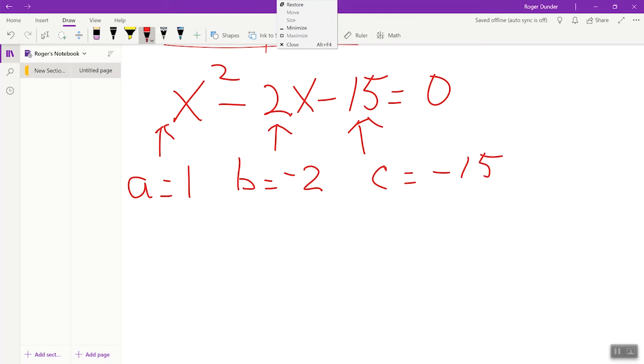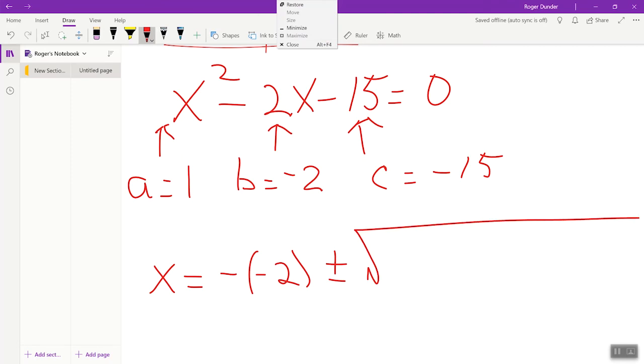Now that we have seen that, let's go ahead and solve for x. x is equal to minus b. Well, that's minus negative 2, plus or minus the square root of b squared. That's negative 2 squared minus 4 times a times c.